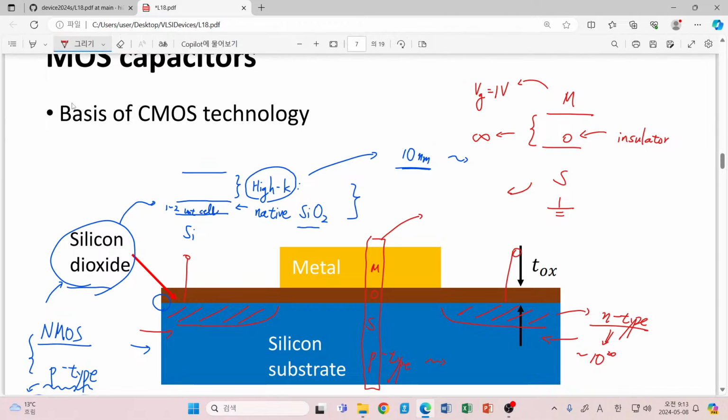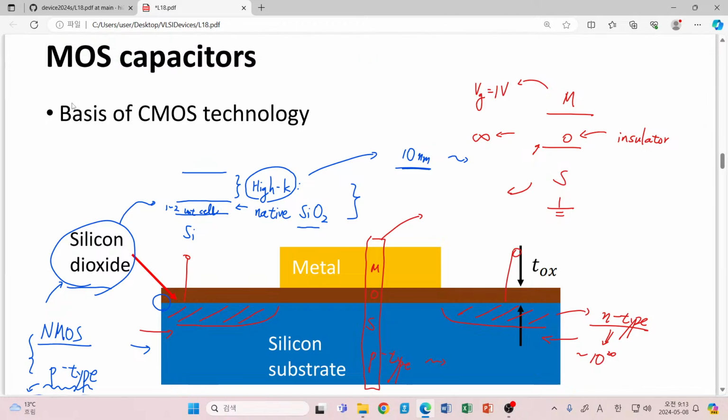So therefore all the applied voltage is just applied between this point and this point. So the voltage difference across this oxide layer becomes just 1 volt, and so nothing happens. Of course, my previous discussion contains something wrong, so today we will talk about what is wrong in my discussion. Okay, so are you with me?